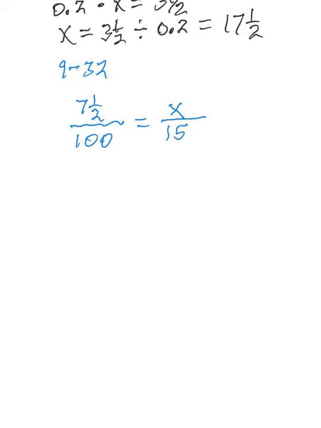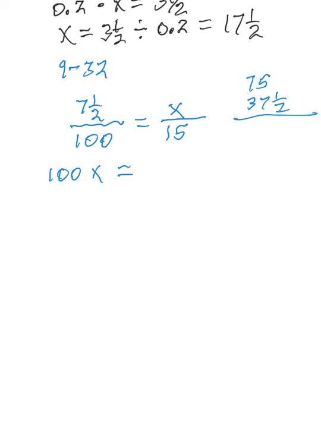Okay, I can solve that. 100x equals 10 times 7.5 is 75, and half of 75 is 37.5.